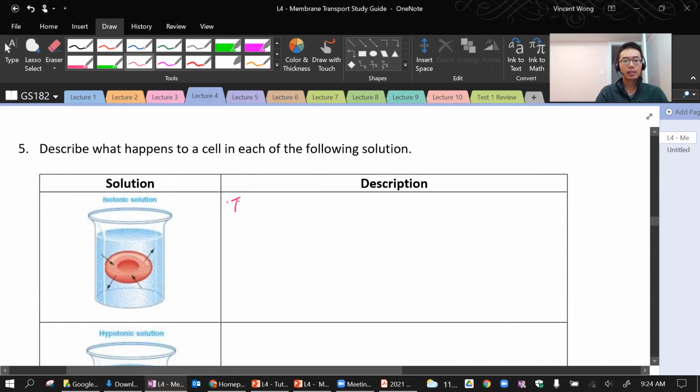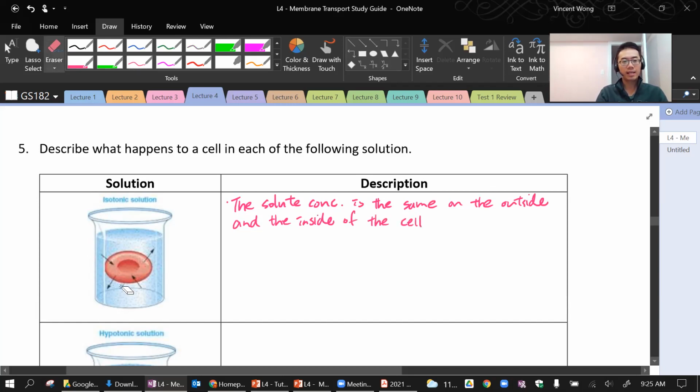Okay, so we say the solute concentration, I can just do this for concentration, short form, right? The solute concentration is the same on the outside and the inside of the cell.